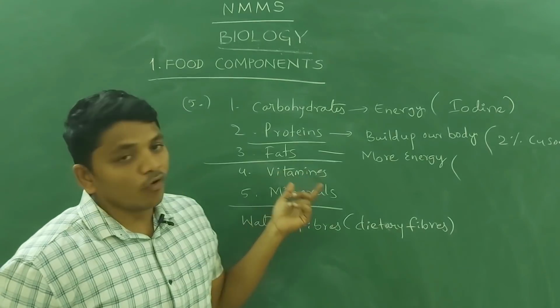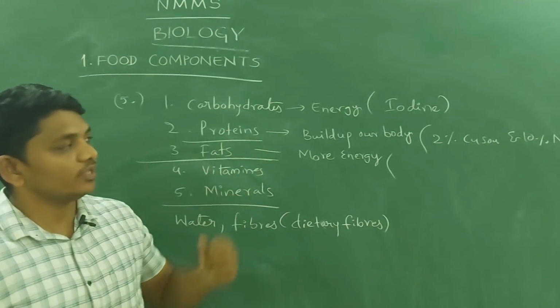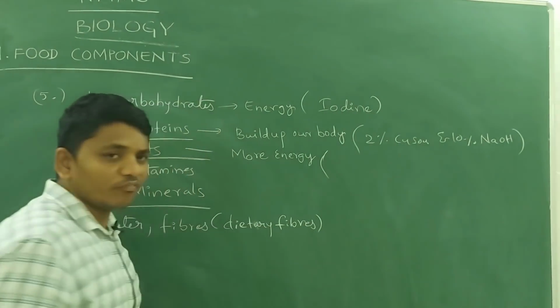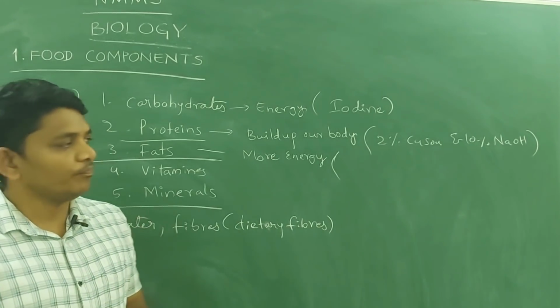And fats are very useful for giving us more energy when compared with carbohydrates. If we want to check the presence of fat in the food material, we put the food material on paper.